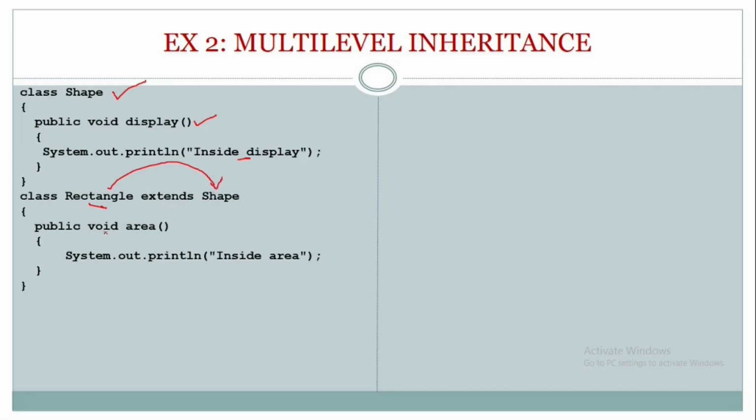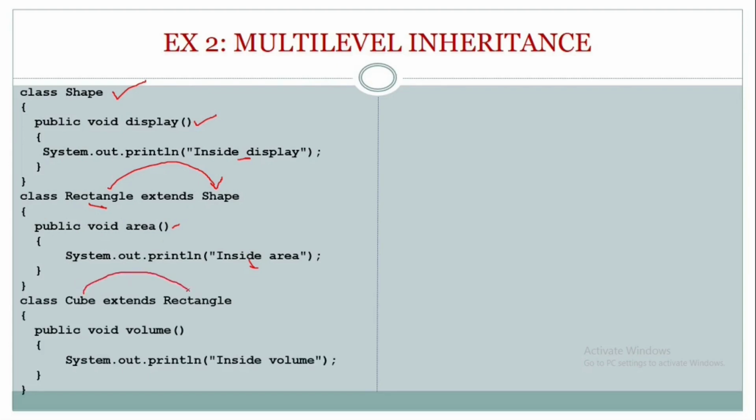Rectangle has a method called area that prints inside area. Now we'll be creating one more class that inherits the properties of rectangle. As you can see here, cube extends rectangle, and that has a method called volume that prints inside volume.